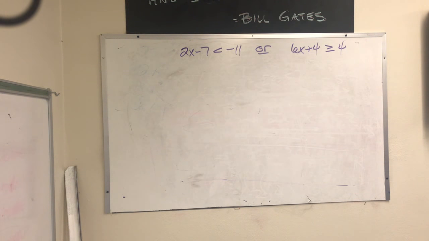Okay, so that is an or statement. Yesterday we wrote down that an or statement ultimately means our solutions only need to satisfy one of the two conditions, right? And it's going to work its way out that way.